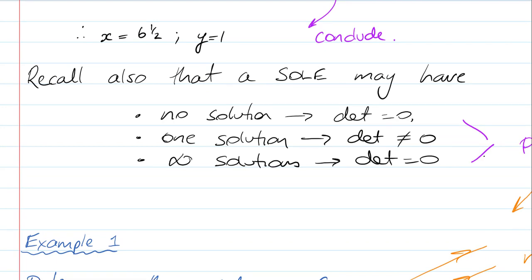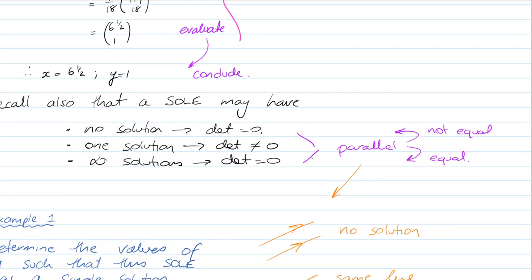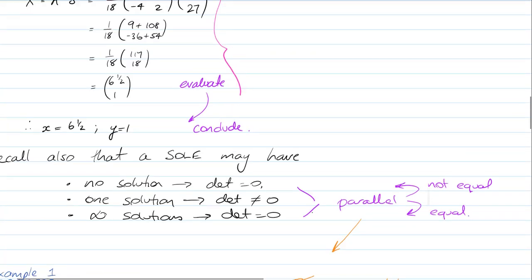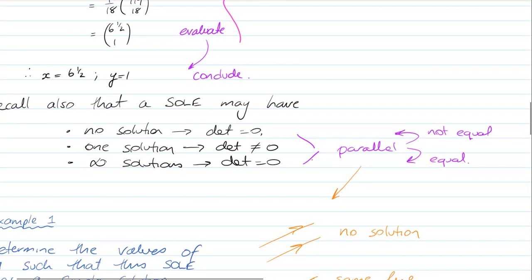Recall also that for all matrix equations, not just 2 by 2s, if the determinant equals 0, we can't do 1 divided by the determinant. You can't do 1 divided by 0, so this has no solutions, or maybe it has an infinite number of solutions. Maybe a couple of the equations are equal, and that just created an infinite number of solutions.